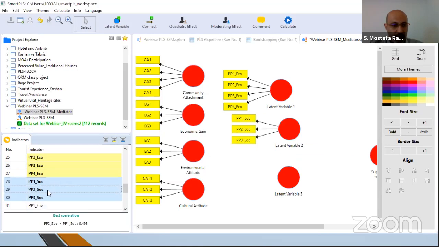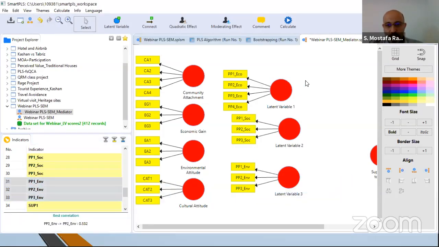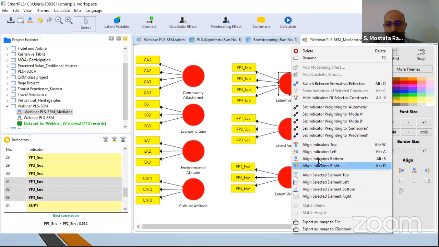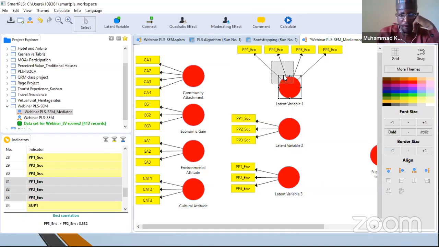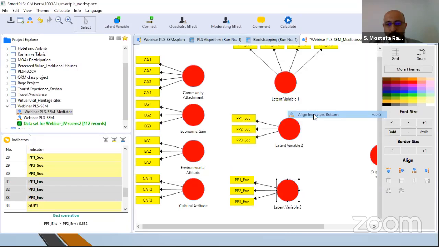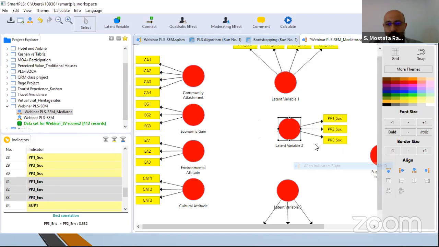So I separate these three and put them as separate mediators. Okay, and connect.